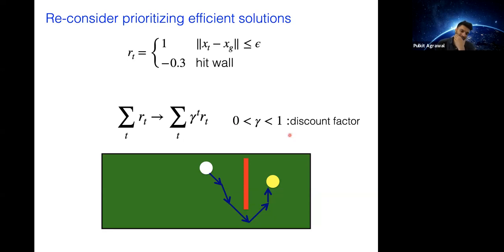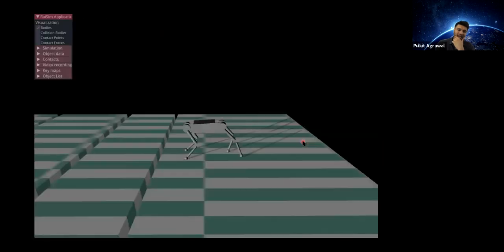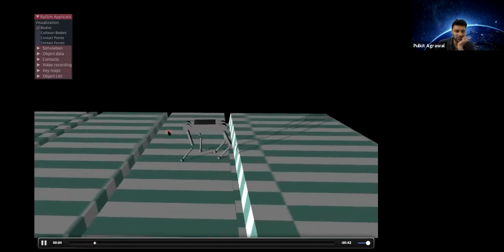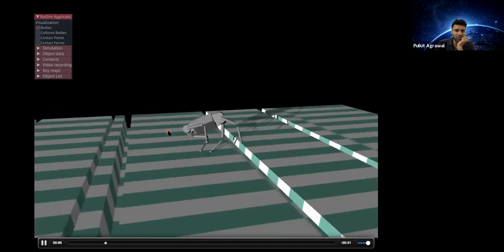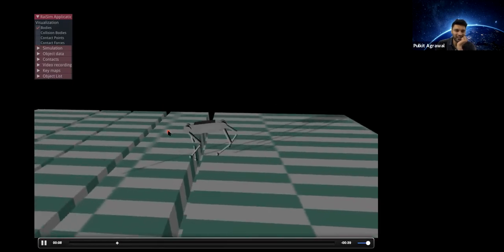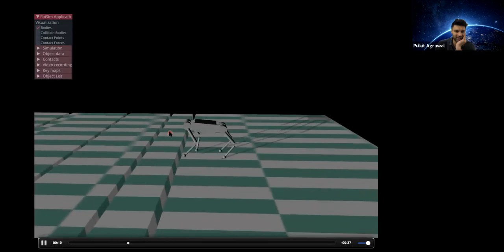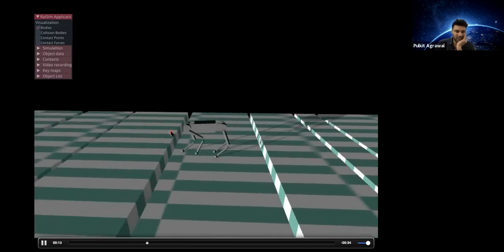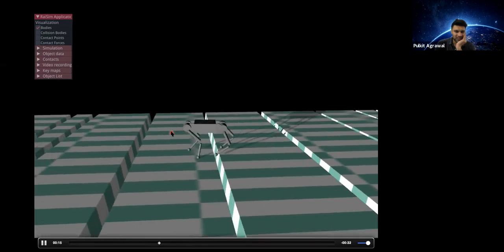So let's see what this research looks like practically. For example, suppose I have this agent which I wanted to walk. Now you see this agent is not walking right now. It's failing. Consider the cheetah agent that we were talking about before.